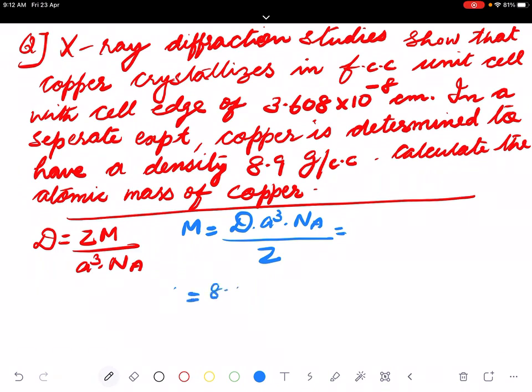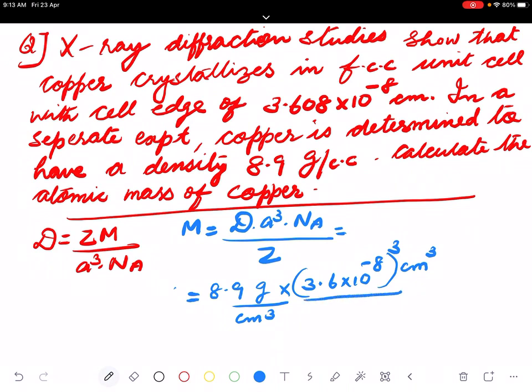The density is 8.9 grams per centimeter cube, into a cube, that is 3.6 into 10 to the power minus 8 whole cube centimeter cube, divided by 4 atoms into 6.022 into 10 to the power 23 atoms per mole.